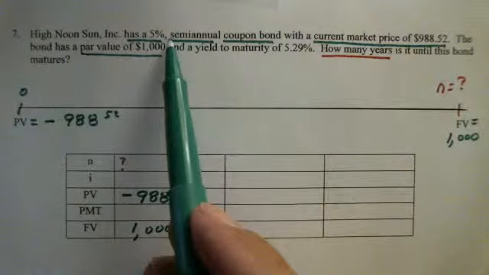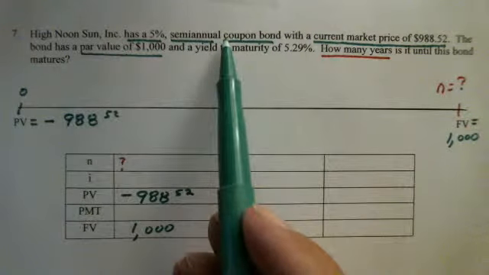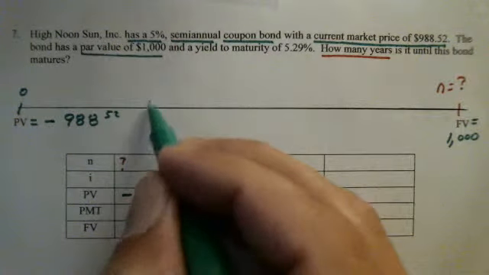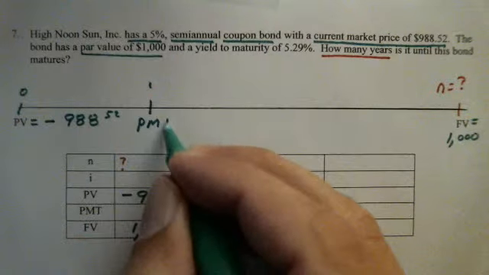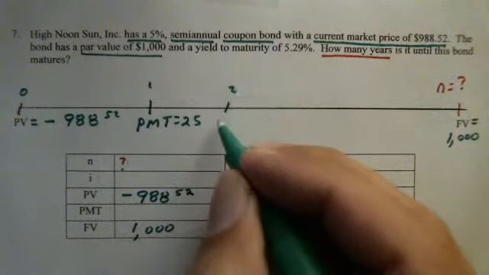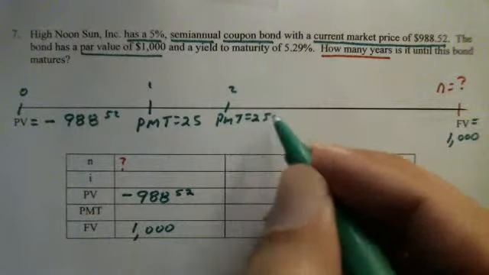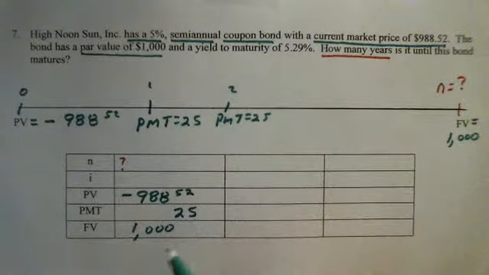That never changes. So if I have a 5% semi-annual coupon bond on a $1,000 bond, each payment would be $25. I will get that every single time. Okay, and so my payment would be $25.